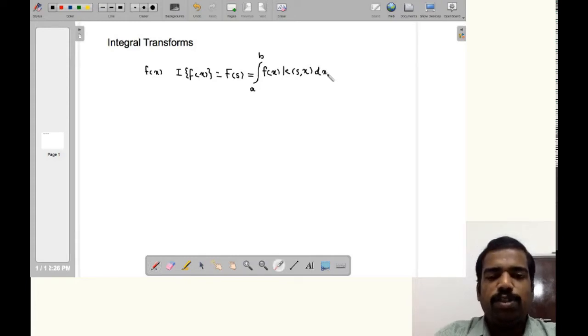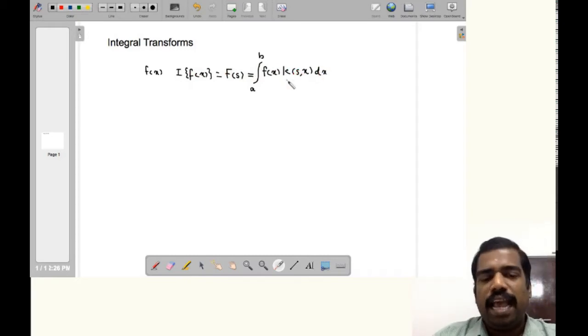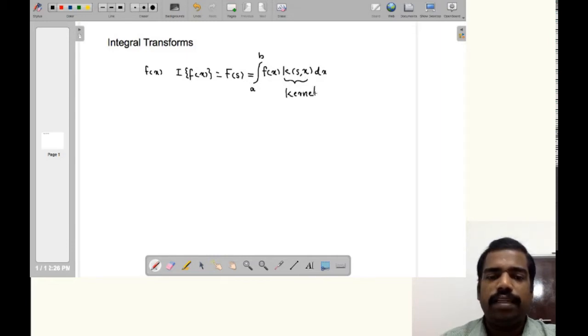This k(s, x) is called the kernel of that integral transform, and it is a function of s and x.